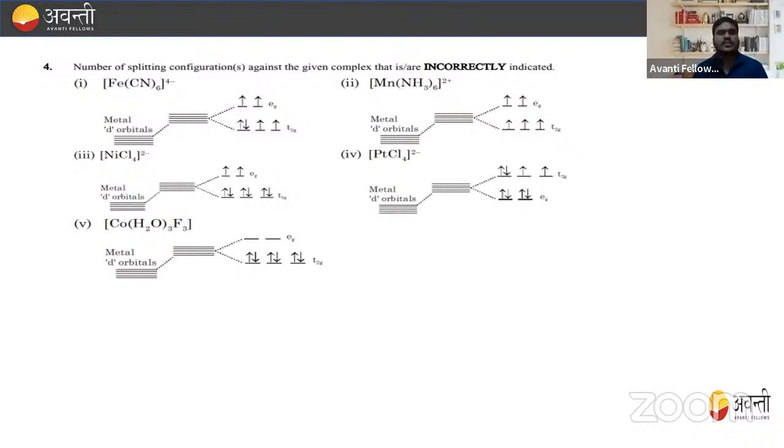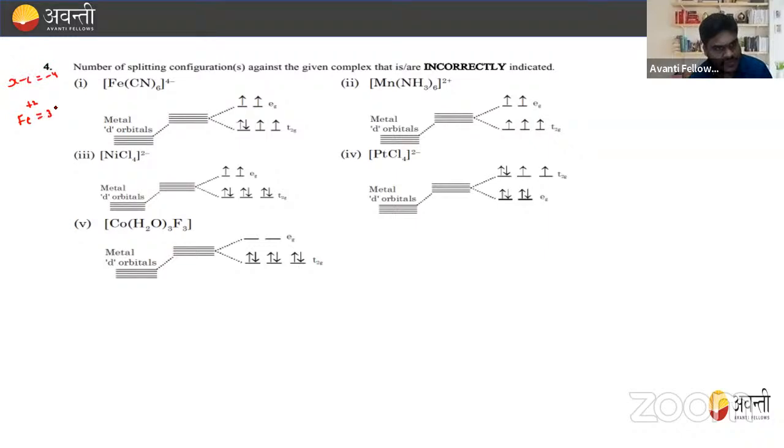In this question, the number of splitting configurations against the given complexes that are incorrect. So we know that in case of Fe(CN)6, CN is a strong ligand, so this energy gap is very large. What is the oxidation state of Fe? Here the Fe is in Fe x. This will become x minus 6 is equal to minus 4, x is equal to plus 2.